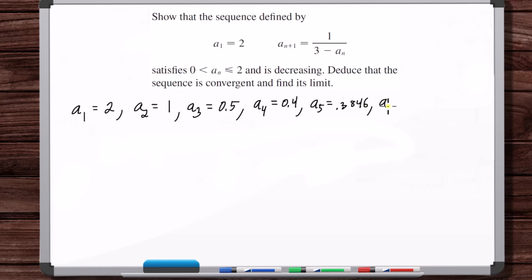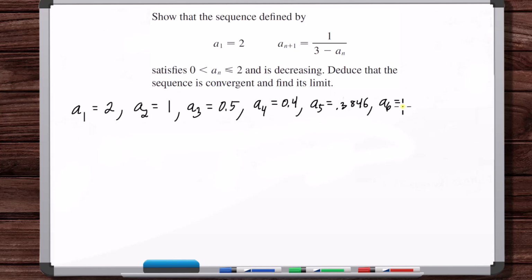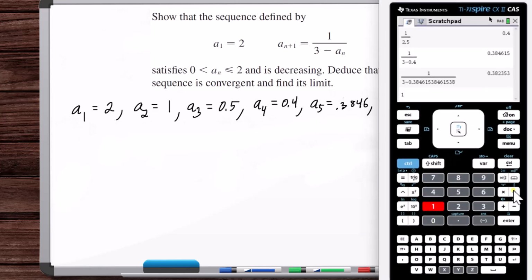A sub 6 is 1 over 3 minus the previous answer, 0.3824. A sub 7 is 1 over 3 minus that, 0.3820.